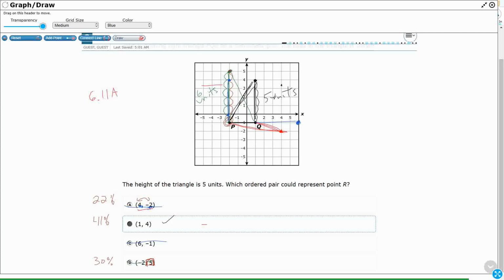Now it works. Let's see how that's the same distance up as this black one over here. So 22% of our students actually had the right idea. They just changed the y and the x value. And then this is just statistical noise, 7%. That's just 5 units to the right of Q, and that just doesn't work.